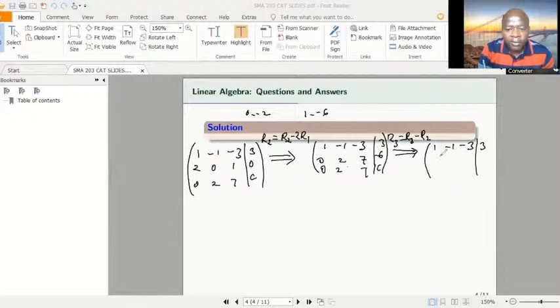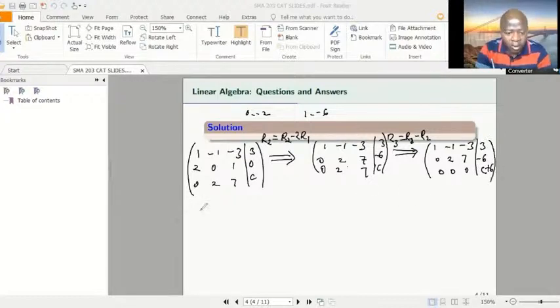I have 0, 2, 7, negative 6, and then here I would have 0, 0, 0 is C. Now I'm subtracting row 2 from row 3, so this minus that, so this would be C plus 6.